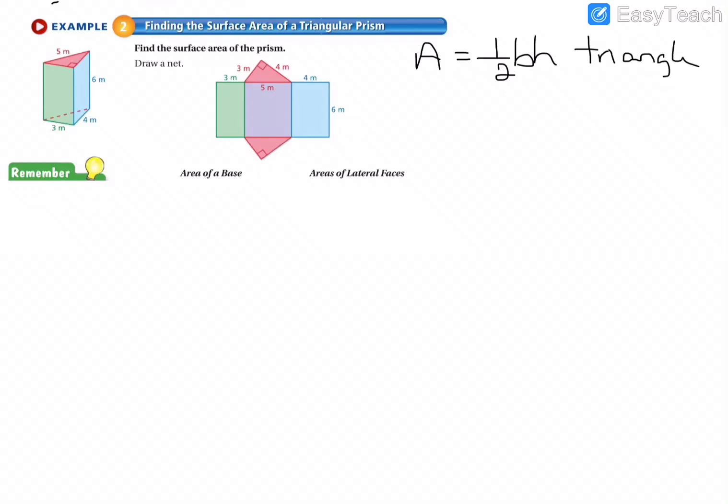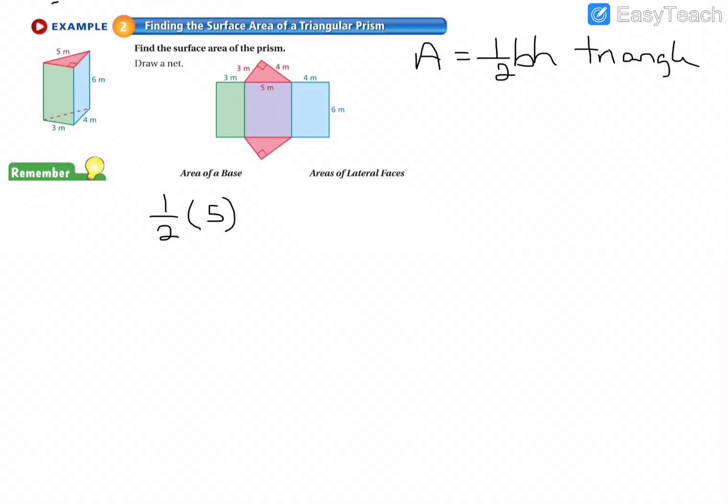So then my area of my triangle is going to be 1/2. The base is 5. And the height of my triangle, you can see that this is a right triangle. So the 4 is going to be my height.